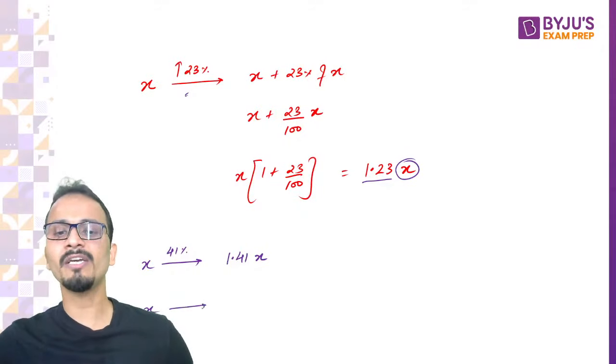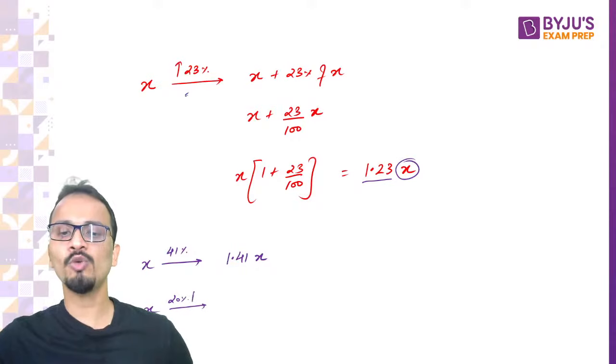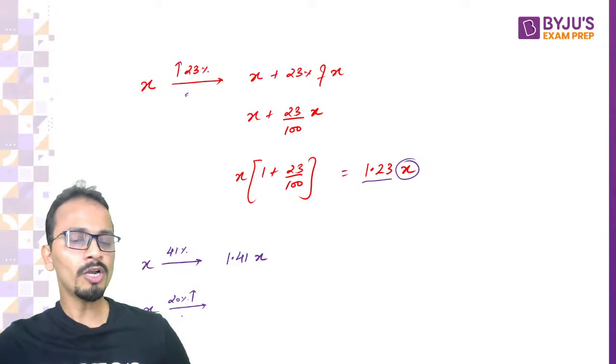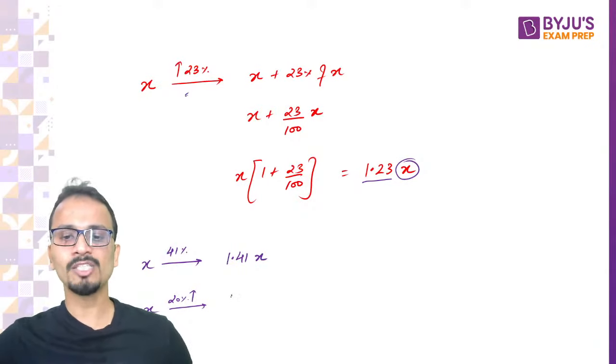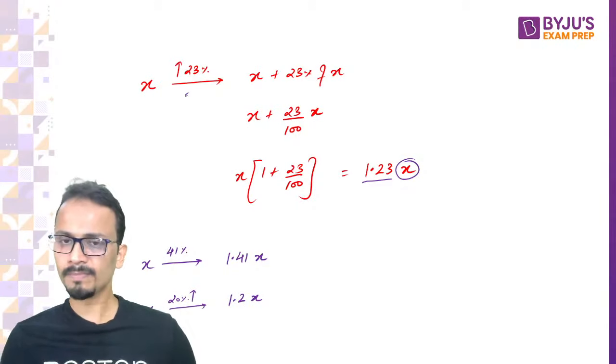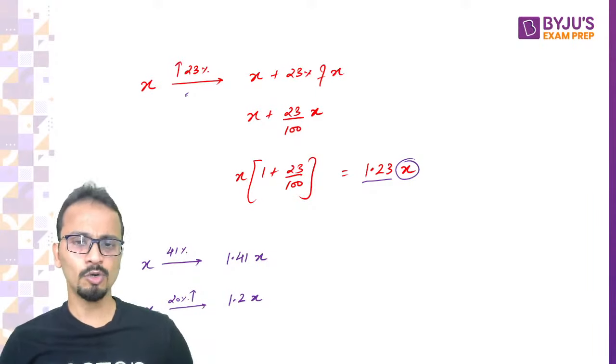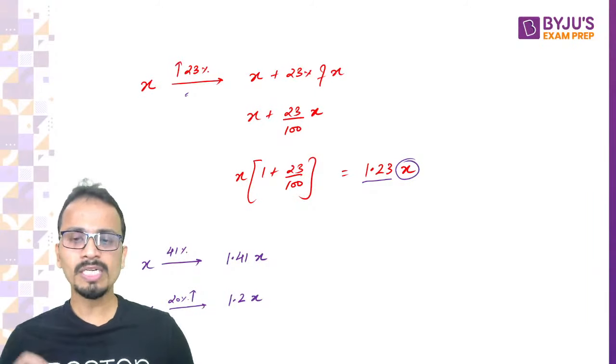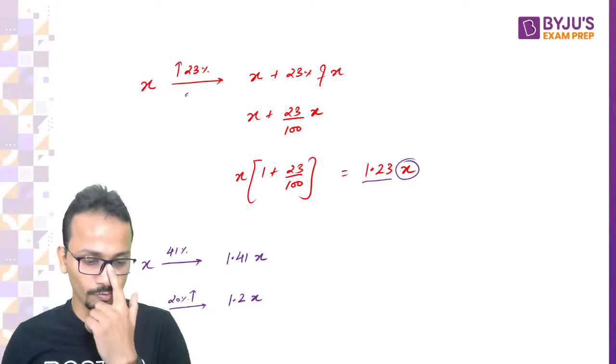When you have an increase of 20%, like you are asking, 20 upon 100 is 0.2 plus 1 is 1.2 times X. Now we should be able to do all these things in a single step. It will save a lot of your time.